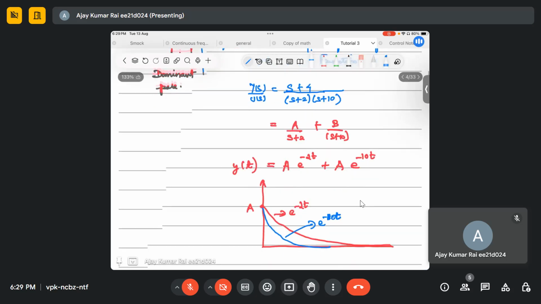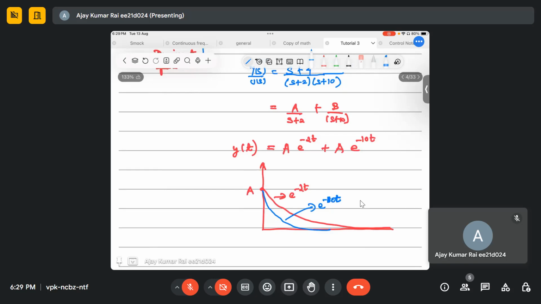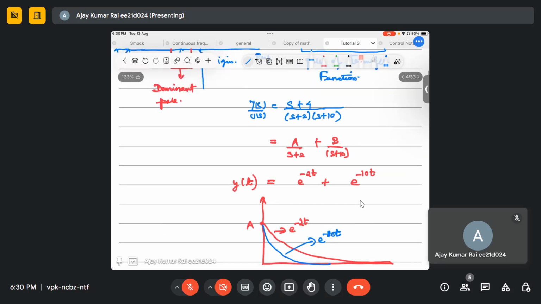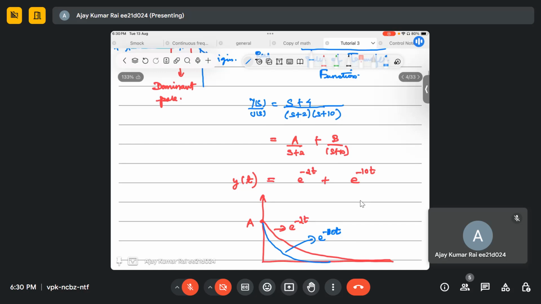If you try to find the coefficients, here A and B are different. Let me write what the coefficients are. To find A, directly put s equal to minus 2, so the denominator will be 8, and A is 2 by 8.